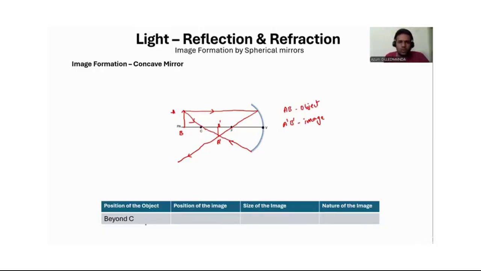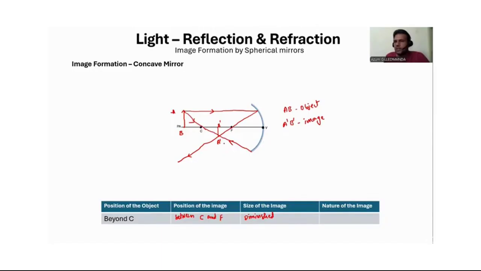Now, if I place an object beyond C, what is the position of the image? The position of the image is between C and F. That's what we got, right, guys? Between the center and the focus. And then what is the size of the image? The size of the image is diminished. It's not highly diminished, but it is diminished. It's not the same size.